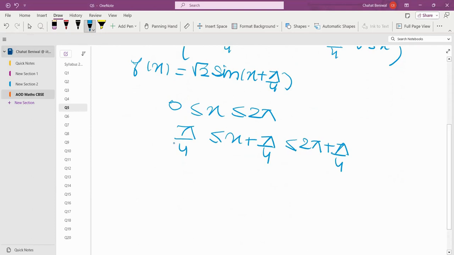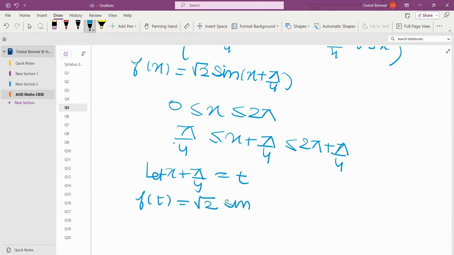So let us substitute x plus pi by 4 as some constant t. So f(t) is equal to root 2 sin t, where t is from pi by 4 till 2 pi plus pi by 4.